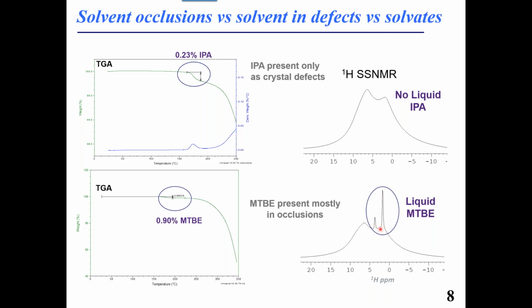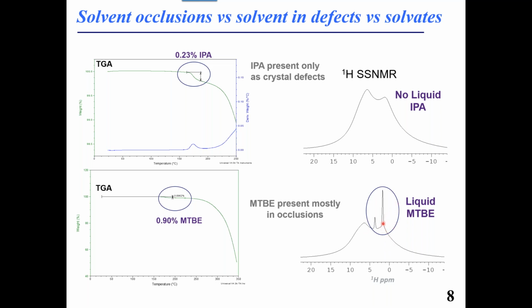The sharp lines basically stick out from the broad solid state background. You can integrate them, so you can know how much liquid you have, and it's very sensitive. Usually 0.01% or so, 100 ppm, maybe even lower, is the limit of detection here.